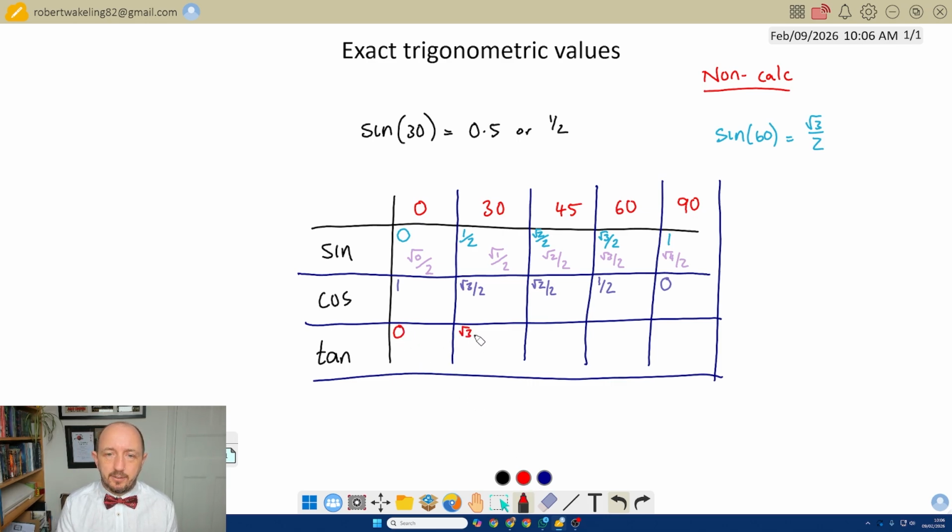And then tan goes 0, root 3 over 3, 1, root 3, and then this one here is undefined. So tan 90 doesn't exist. So they're never going to ask you much about that, but be aware that tan 90 doesn't exist. And there's another pattern if you don't want to learn these fully.